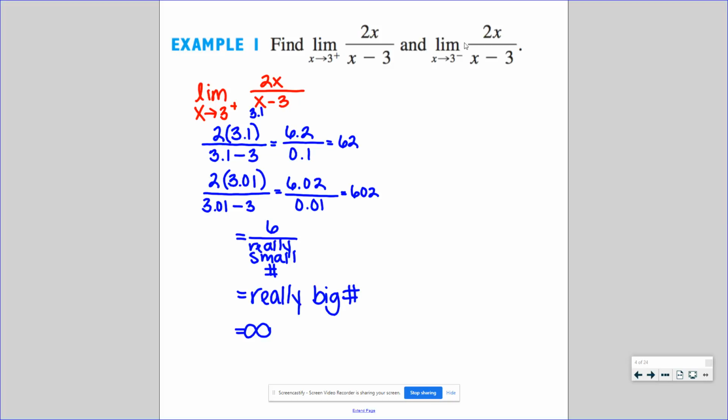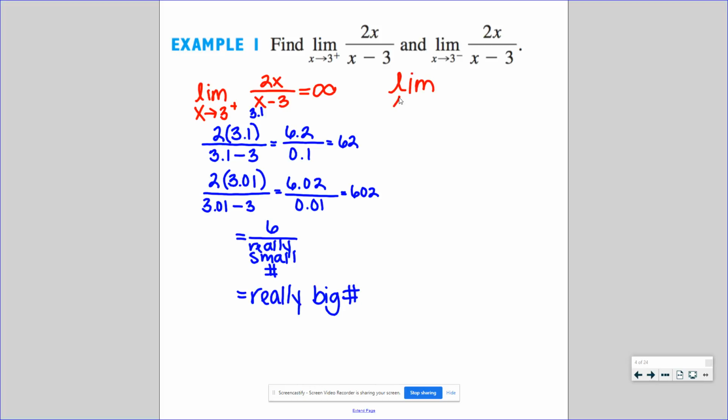All right, let's do the other limit, and then we will write a statement to say what this actually means. By the way, I'm going to go clean this up. If I was doing my work, I could think through it, but I want to go back and make sure that I answer the question and just say that that would be infinity, okay?